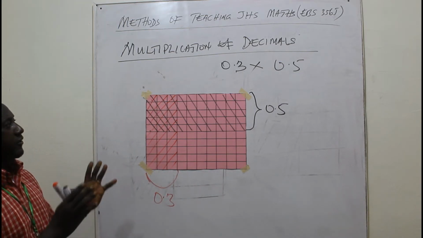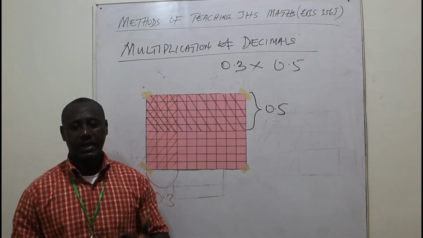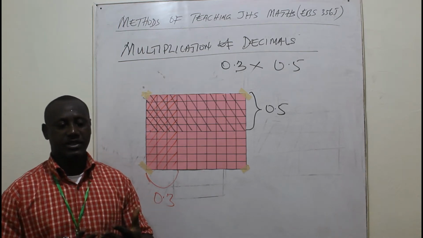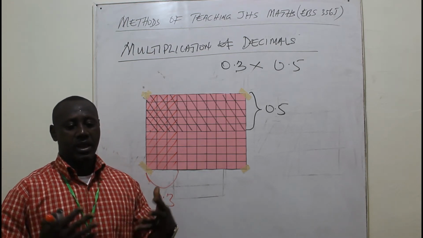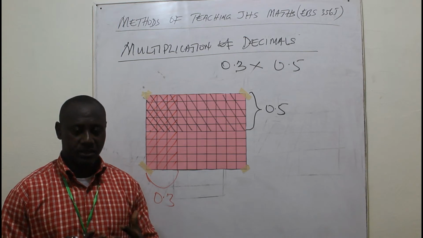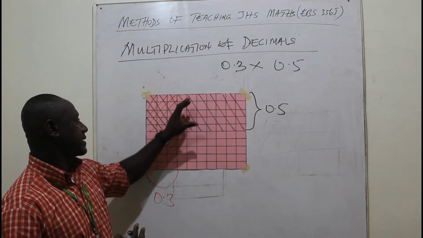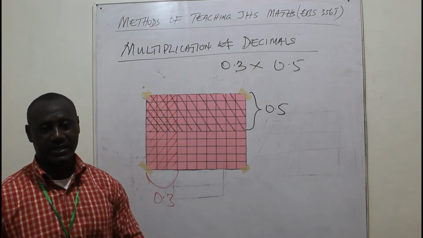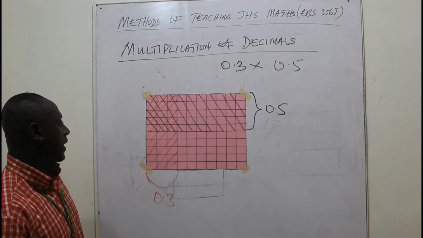So for the multiplication, like how it happened in the multiplication of fractions, our focus is on the overlapping region, or where the two lines are going to intersect. The two shaded portions are going to overlap. Okay?